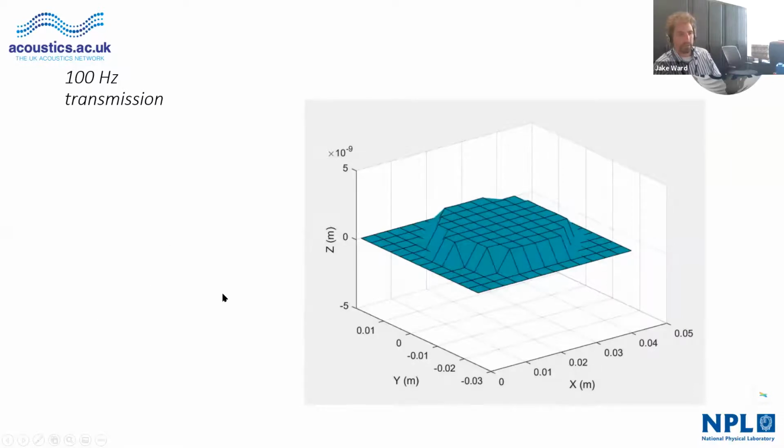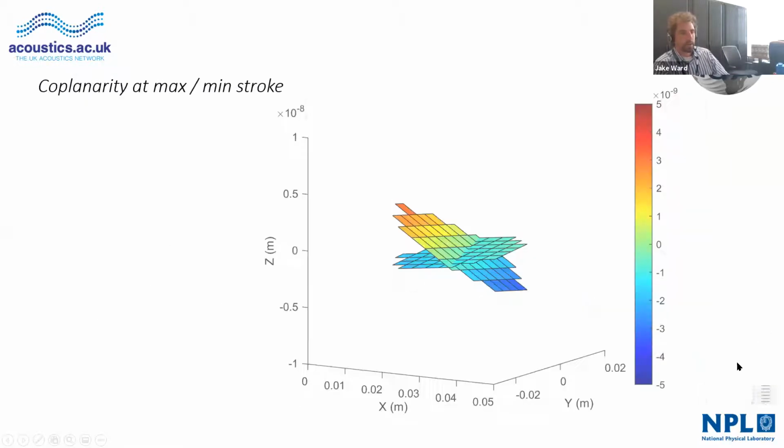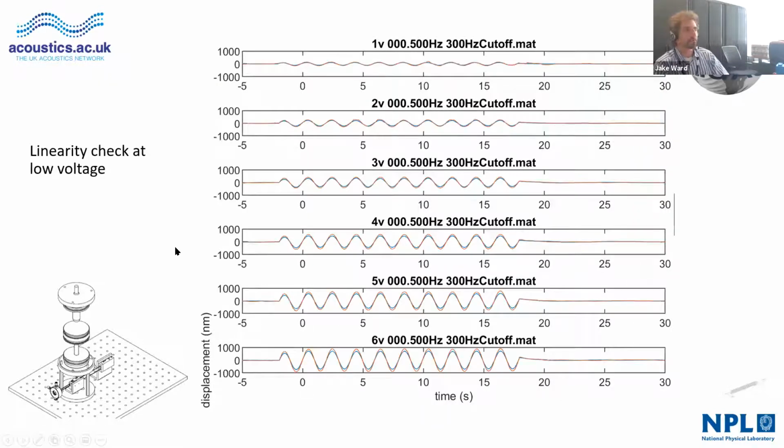That was one of the interesting checks that we wanted to make: how much is the piston rotating and would it affect our measurements. Another interesting point is the linearity of the drive. So we drive it at different voltages and check that the displacement is scaling with the drive voltage.